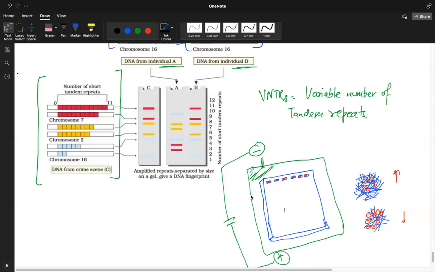Now, just to give an analogy, I have a 2-year-old kid, I have a 10-year-old kid, then I have a 20-year-old person, and these 3 people are playing the same game where they have to cross through the bushes. So who do you think will easily cross through the bushes and who will find it difficult?